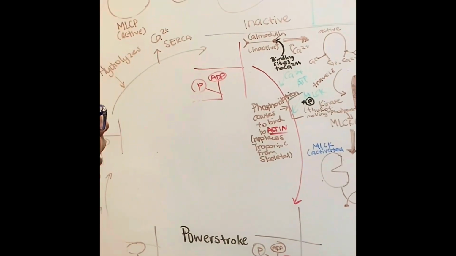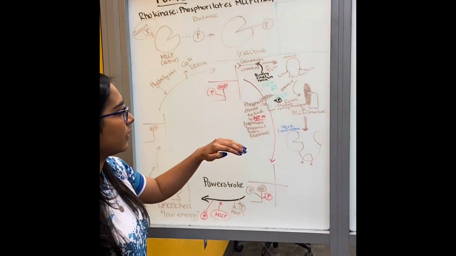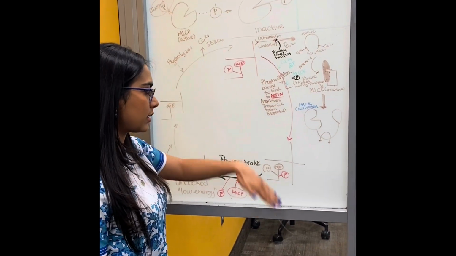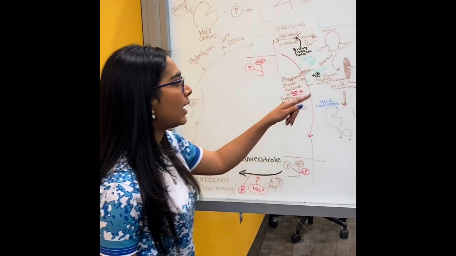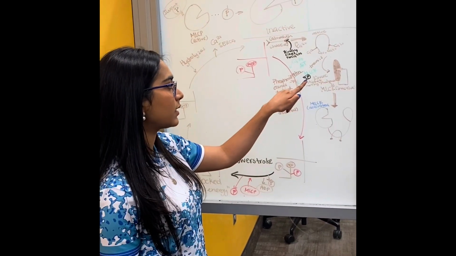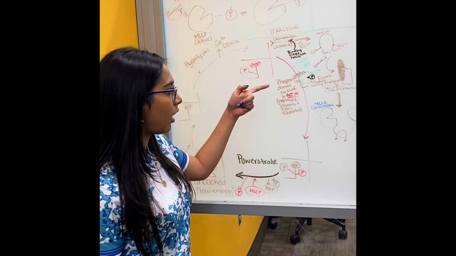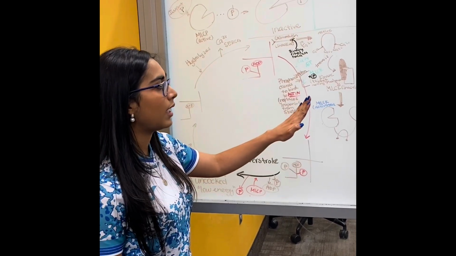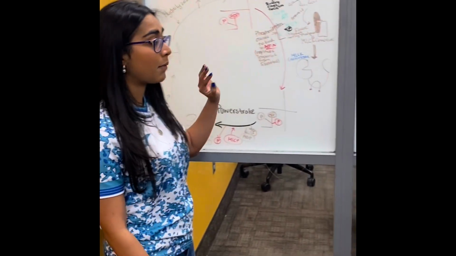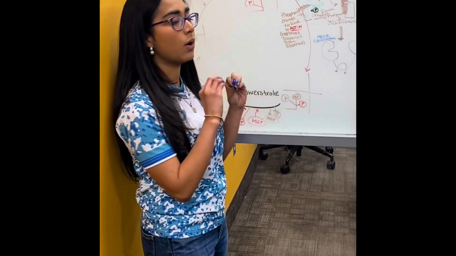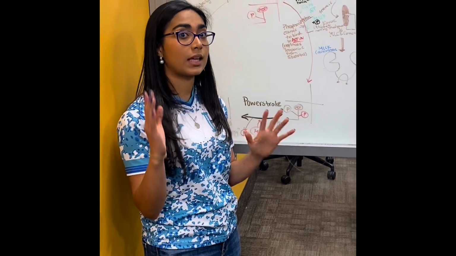So how does this come into play? When we go from the first to the second step, we bring in calcium, our ATP, and our MLCK with phosphate. This phosphorylation causes it to bind to actin. This phosphorylation comes into play instead of the troponin C that came in between the first and the second step in our skeletal muscle.